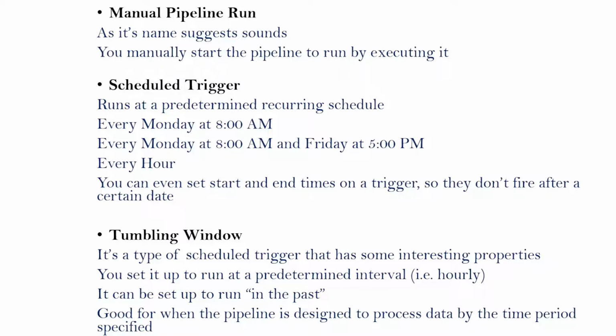If today is 1st January, for example, my pipeline run is designed so that when it is triggered on 1st January at 2 p.m., it will load data from 30th December till 31st December midnight. So actually you are running in the past.